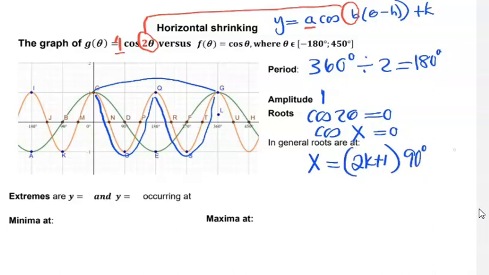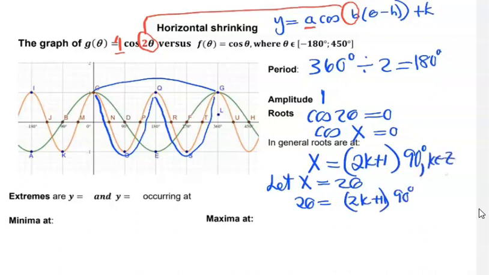So in this case, let my x equal to 2 theta. So 2 theta is then 2k plus 1 times 90 degrees, where k is an element of z.